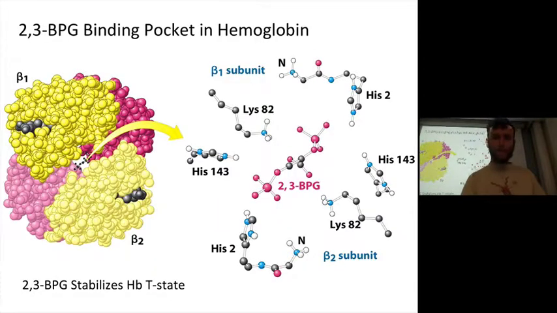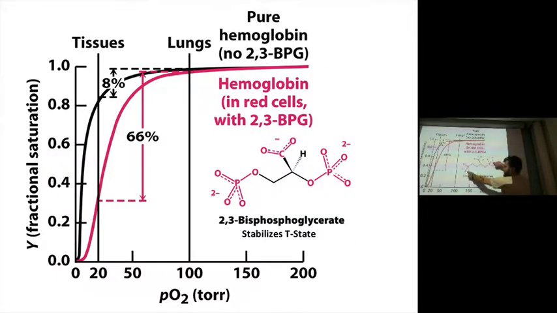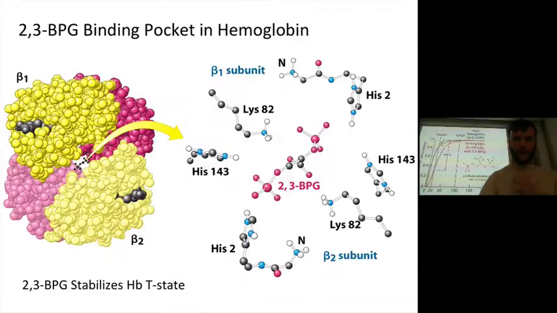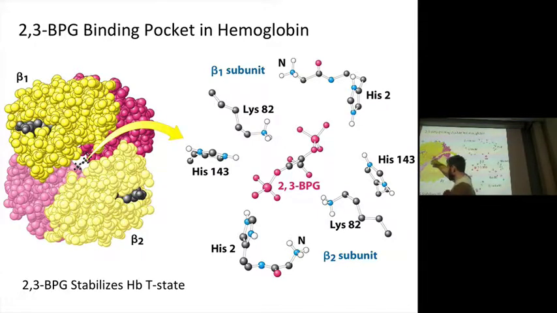Well, Dr. K, how does this happen? All right. It happens because of the donut hole. 2,3-BPG carries 5 negative charges, 2 from each of the phosphates and 1 on the carboxylic acid, the carboxylate anion on the glycerate. All right? 5 negative charges. In this little donut hole here, we have on the beta-1 subunit a histidine 143, lysine 82, and histidine 2.